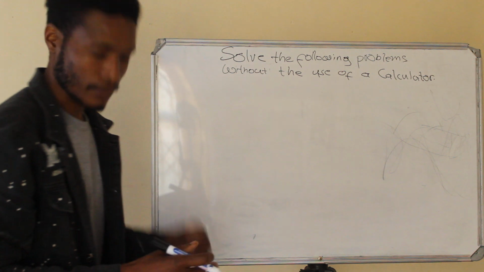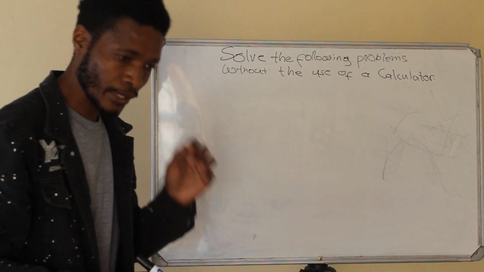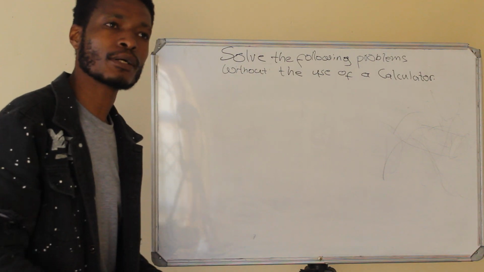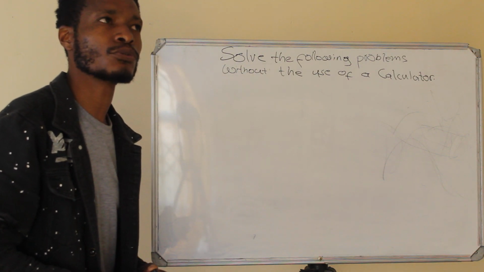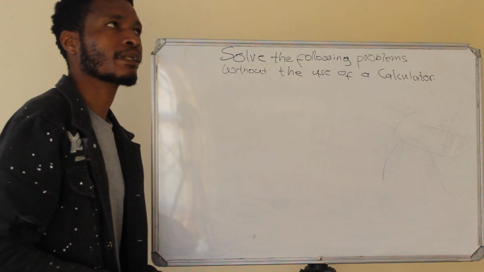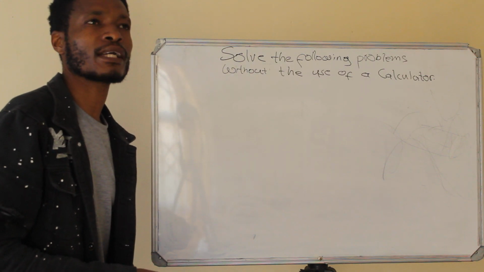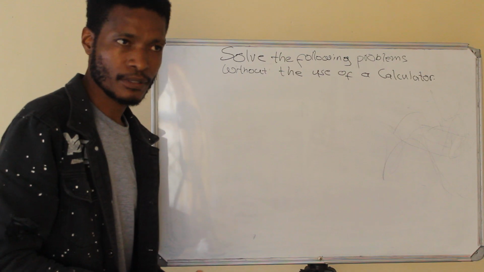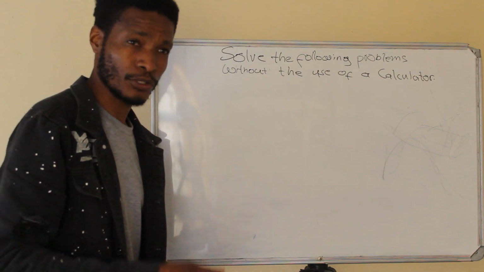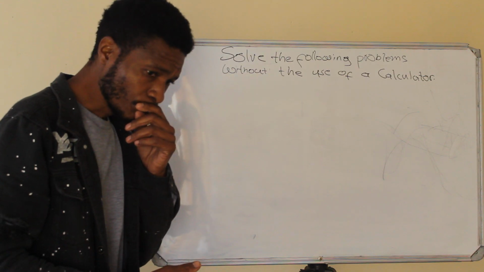In this instance, this is where you are going to be expected to use what we call special angles. And these special angles are identified in two methods. The first method would be the method of the two triangles.